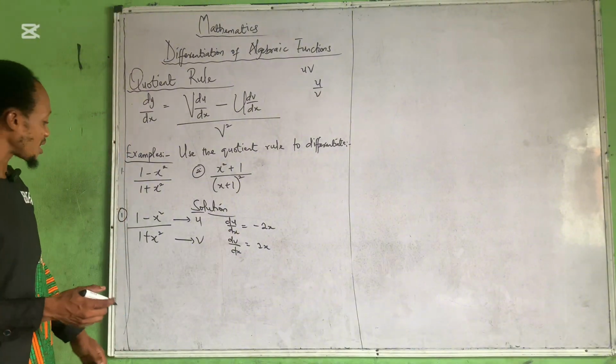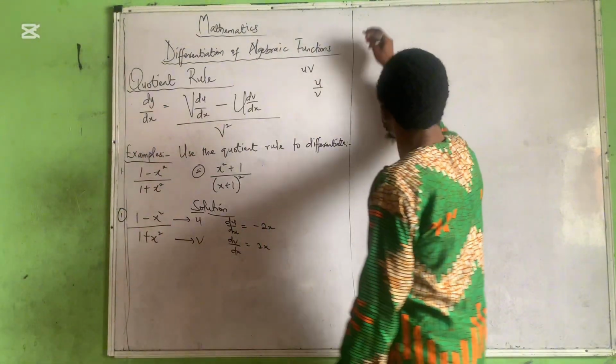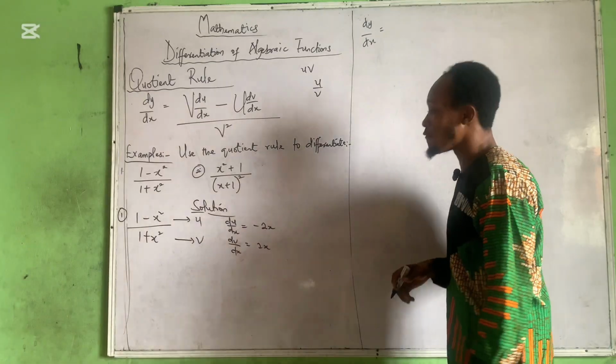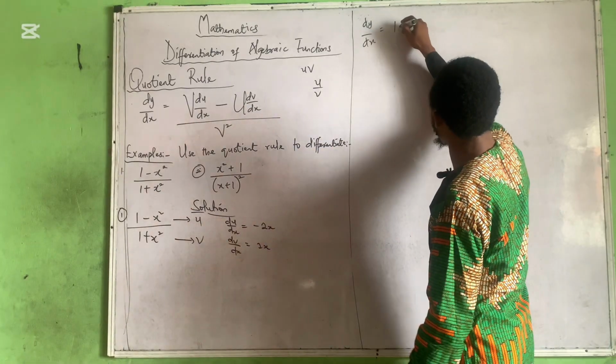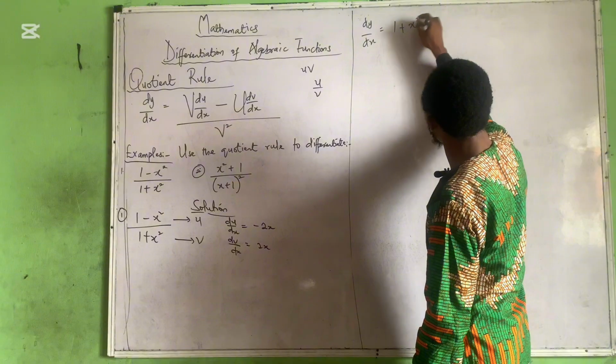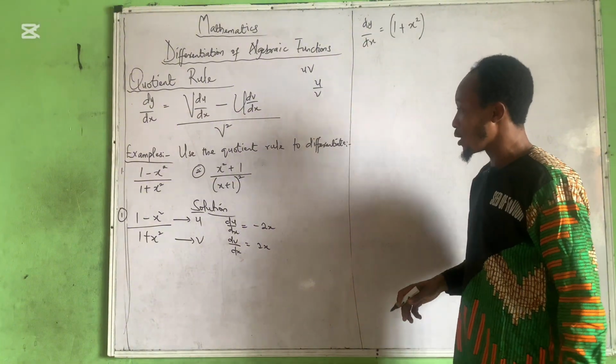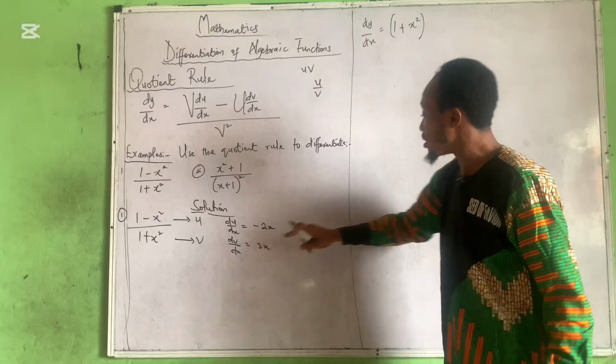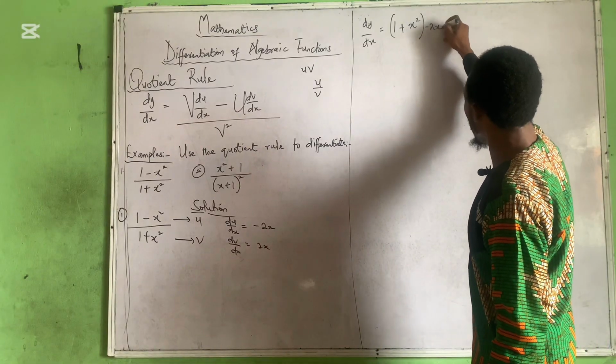Now to put it into the formula, dy/dx equals, what's our v? Our v is 1 plus x squared. And v du/dx is 1 plus x squared times minus 2x.